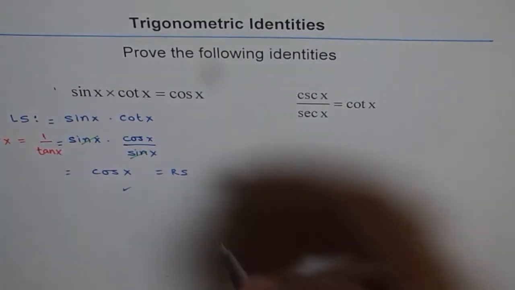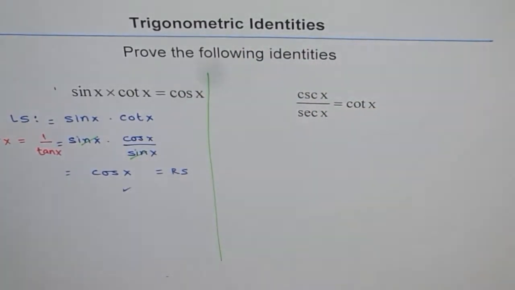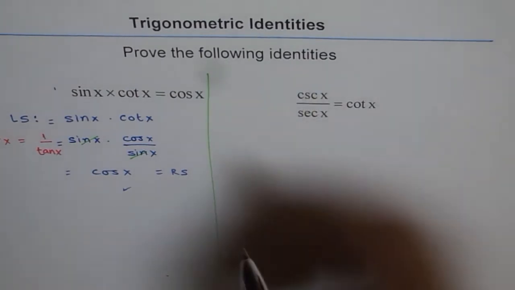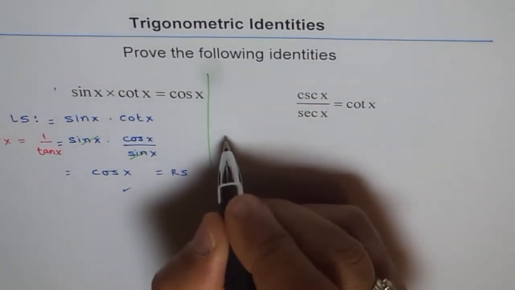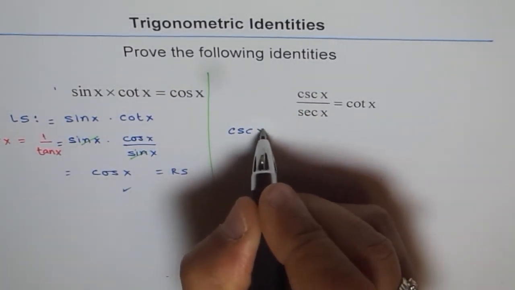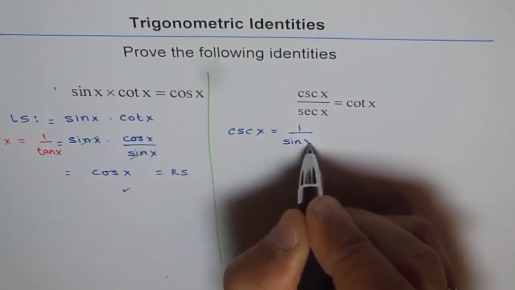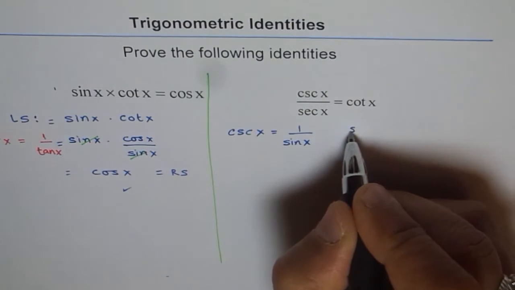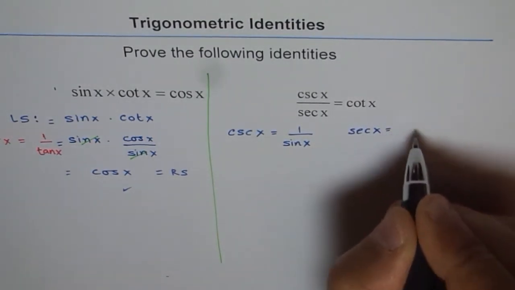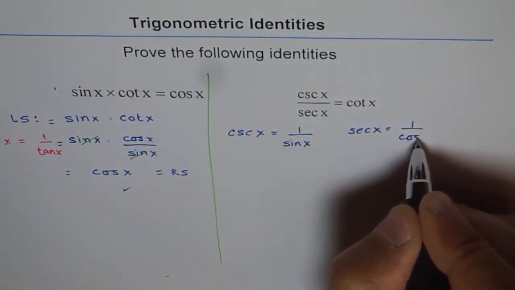So what is cosecant x? You know from reciprocal identities, cosecant x is actually equal to 1 over sine x, right? And secant x is 1 over cos x.